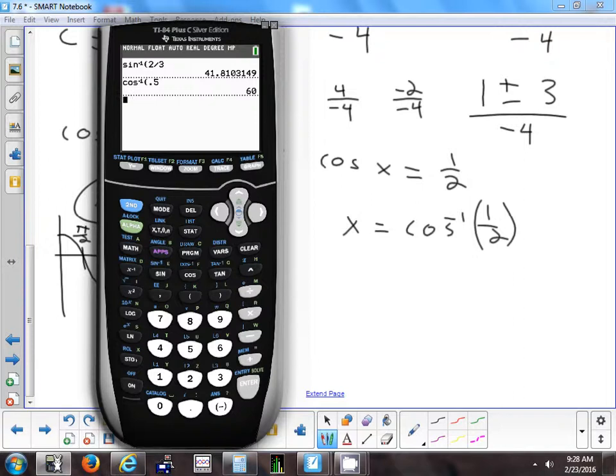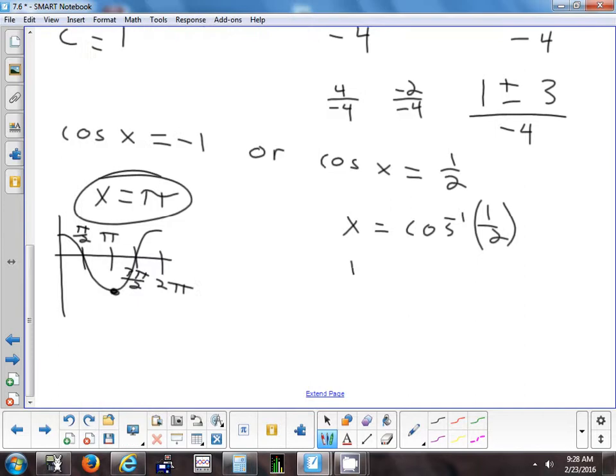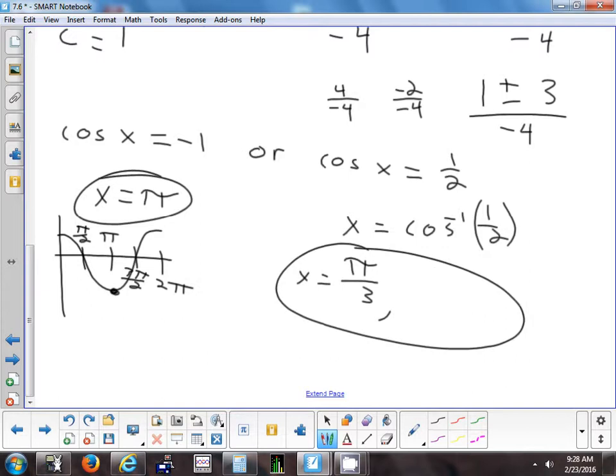Okay. Does anybody remember what 60 degrees is in radians? No, it's going to have pi in it. Pi is 180. It's pi over 3. Okay.